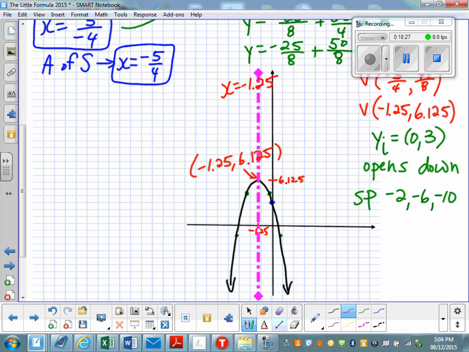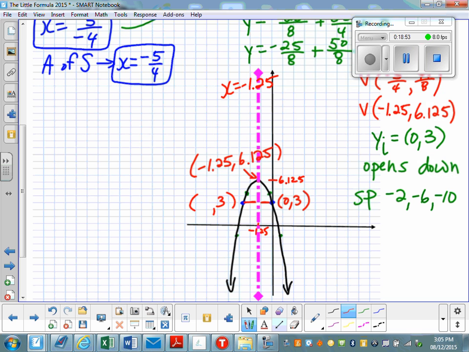Okay, and we've got this point here that's at 0, 3. There's a point on the other side that is the mirror image of that. So it's straight across from it. We know that that one is 3 high as well. This point is the same distance from the axis of symmetry as the y-intercept.